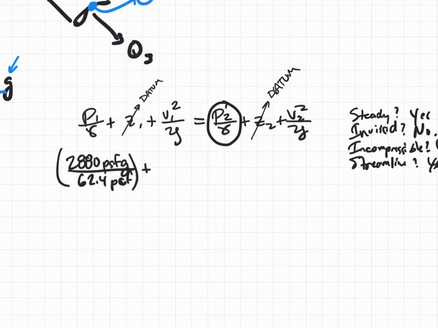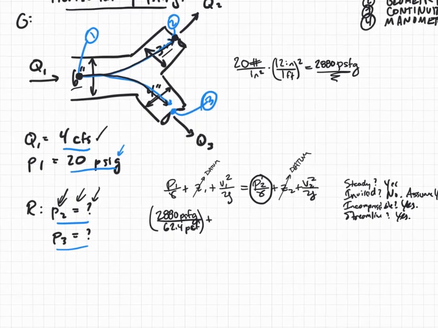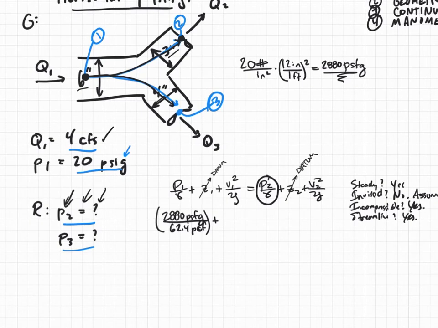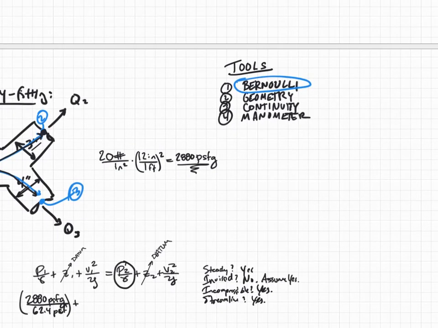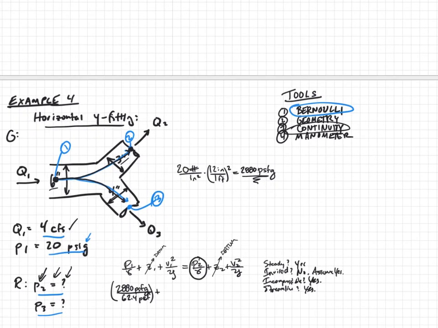Now we've got to get at these velocities. Usually to get at velocities, we use continuity. Let's try that here. V1 should be pretty straightforward. Q1 equals V1 times A1.